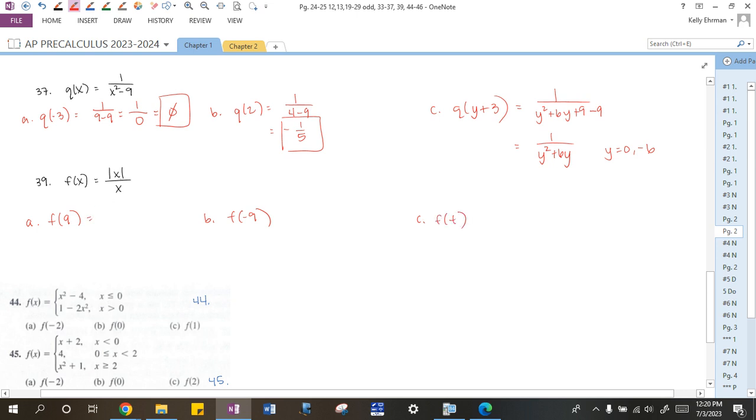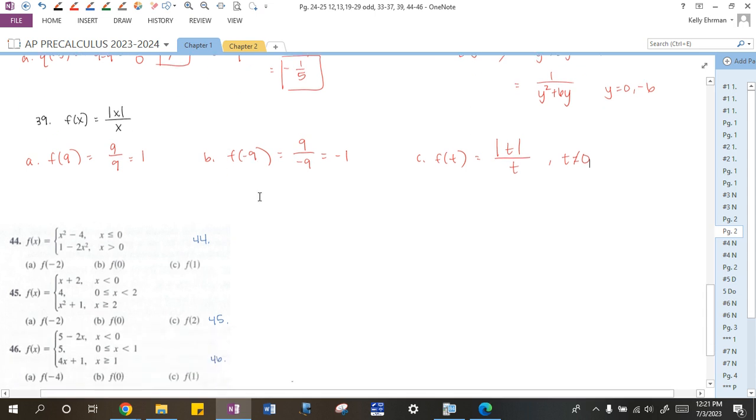When I plug in 9, I get positive 9 over 9, which is 1. When I plug in negative 9, I get positive 9 over negative 9, negative 1. When I plug in a different variable, t, I get absolute value of t divided by t, and the only stipulation here is that t can't be 0.